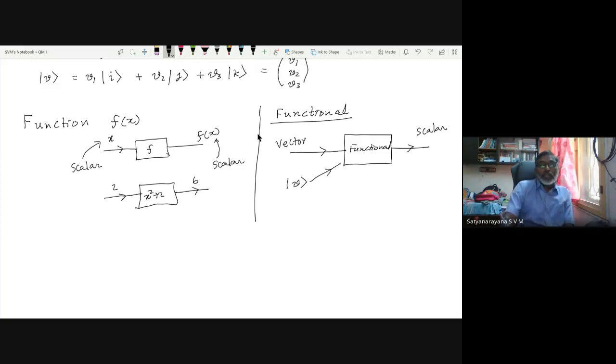I am going to represent this functional with a symbol like u. What is the scalar that comes out? u v. So u v is a scalar.